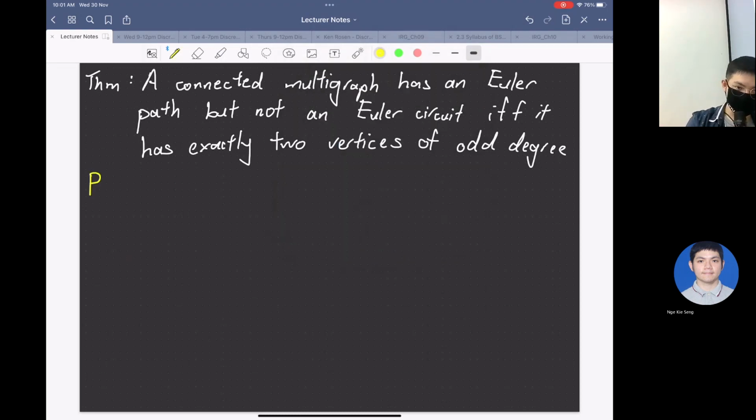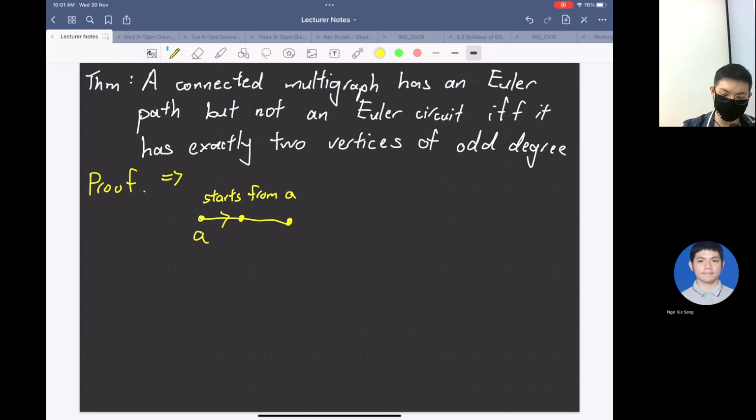So one direction is easier. Like what we said just now, if you start from A, you automatically get 1 degree, and then whenever you pass through other paths, you get +2 degree.